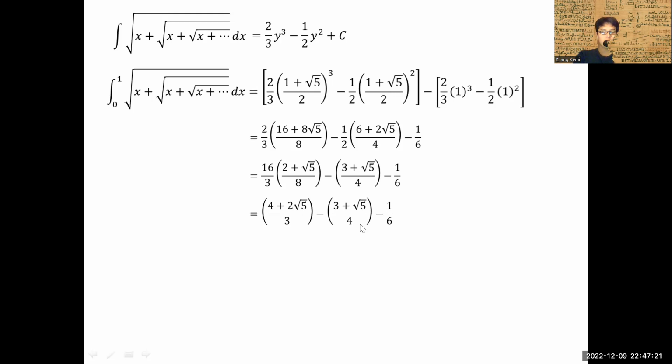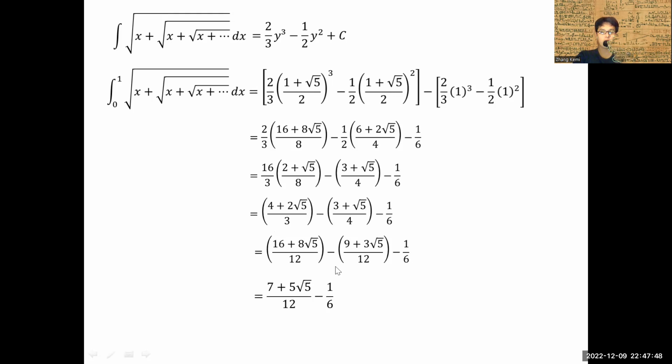And finally, by working through, I just cross multiply both sides, and I get (16 plus 8 root 5 minus 9 plus 3 root 5)/12 minus 1/6. I just combine the two fractions. Thus, finally, I have (7 plus 5 root 5)/12 minus 1/6.